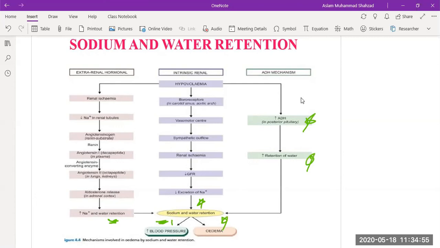And because of the increase of antidiuretic hormone, which actually works from the posterior pituitary, in this case there will be an increase of sodium and water retention, and then the blood pressure increases.